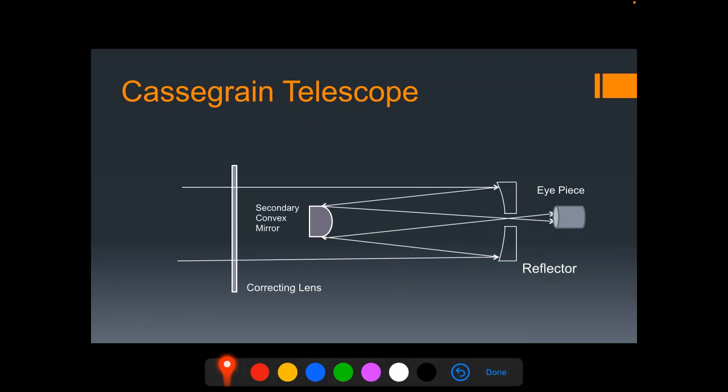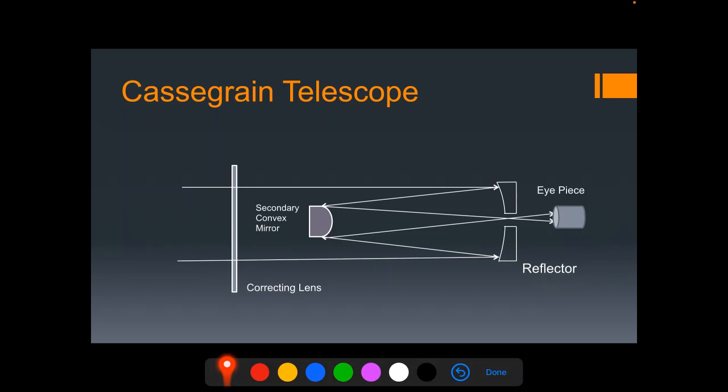So what are the differences between the Newtonian telescope and the Cassegrain telescope? The major differences are that the reflector objective is not a single piece but has a hole in between, and the secondary plane mirror is replaced by a convex mirror.